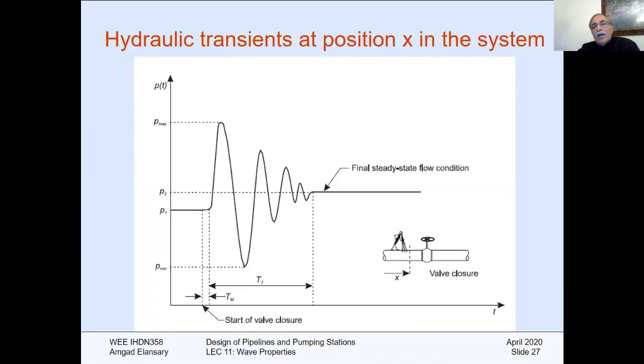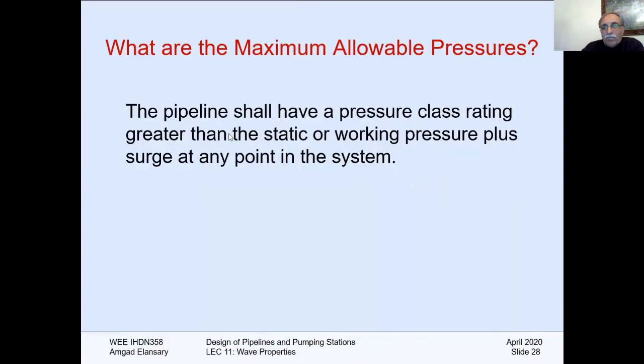If you look at the hydraulic transient in a system like that, we need to look for the maximum pressure. This is the most important parameter for us to see if our pipe will sustain or be safe with this pressure or not.